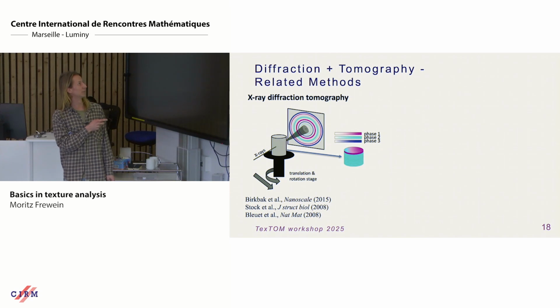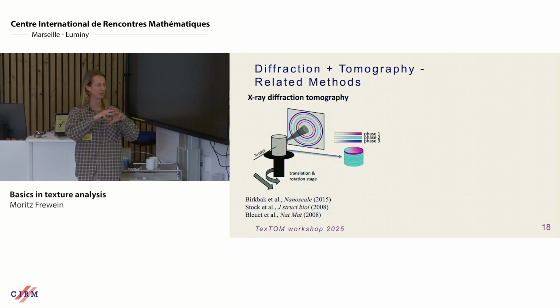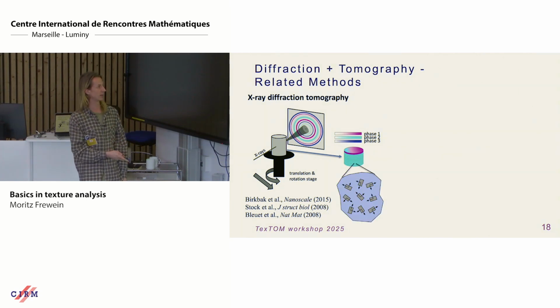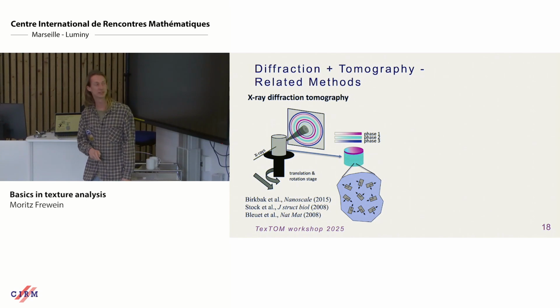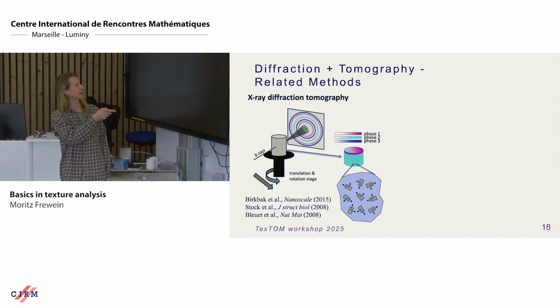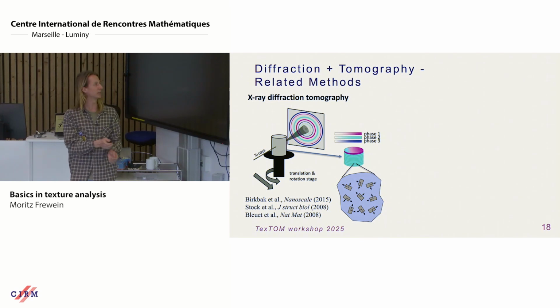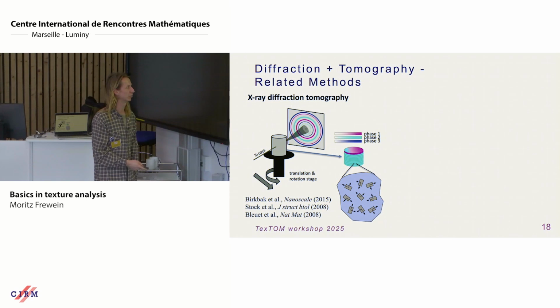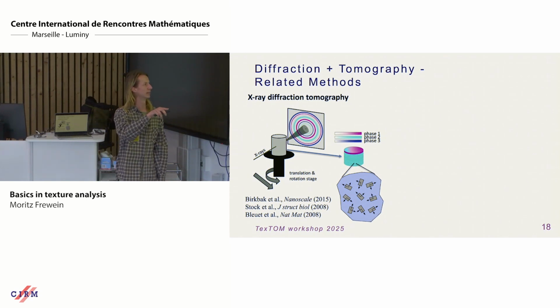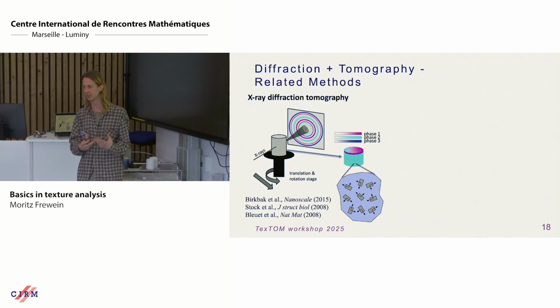For X-ray diffraction tomography, for example, we are dealing with polycrystalline samples, but they have a random distribution, like a flat distribution of crystallites. Then we will get a diffraction pattern which is completely isotropic, and consequently, again, we have a scalar quantity, and we can reconstruct in the different parts of the sample different phases, different crystalline structures.